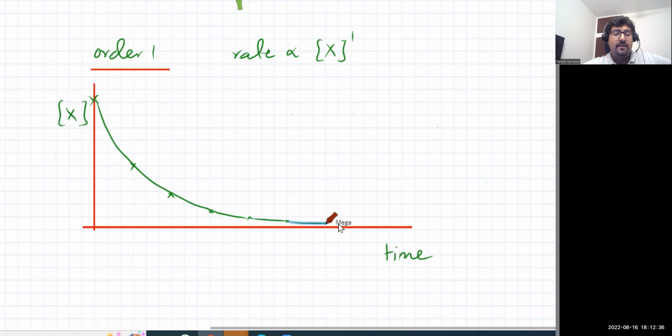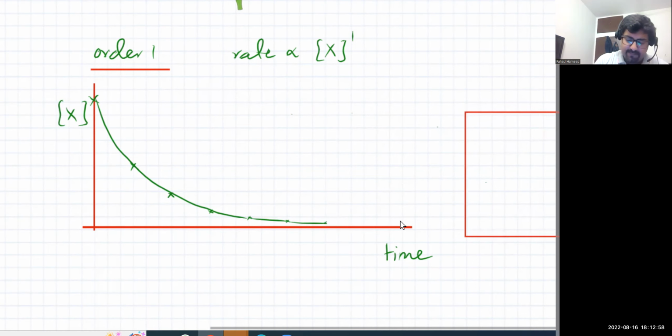It never actually goes to completion, because if the concentration of X continues to decrease, there'll be fewer and fewer collisions, and the time taken for the reaction is going to be longer and longer.